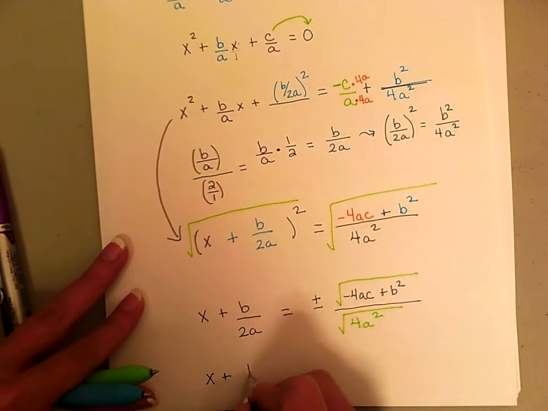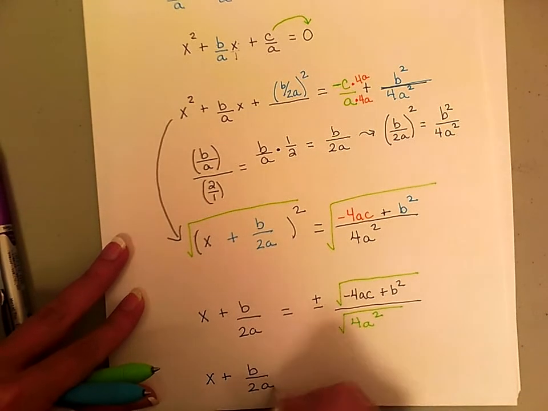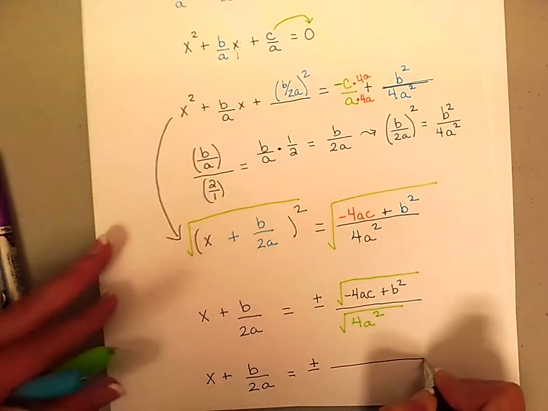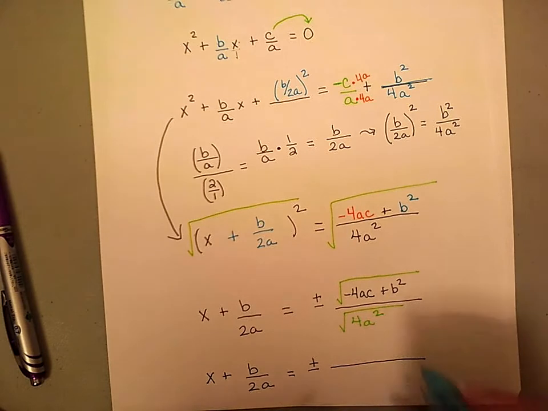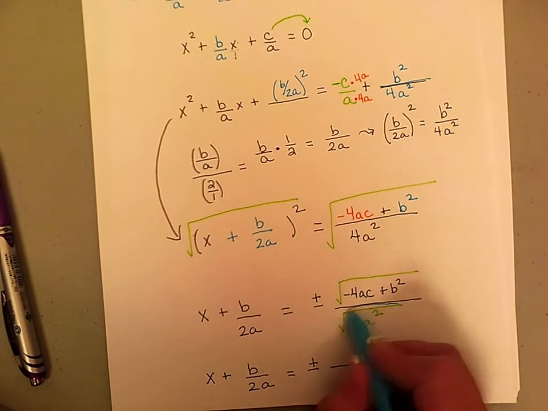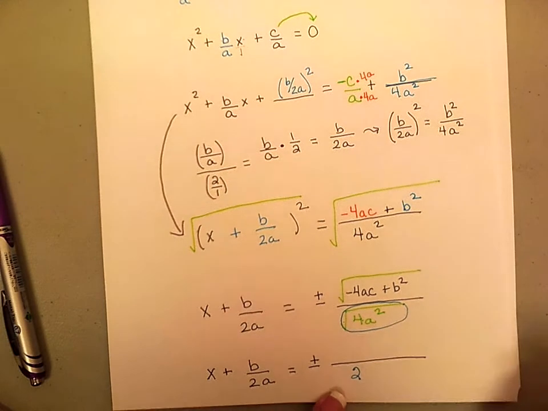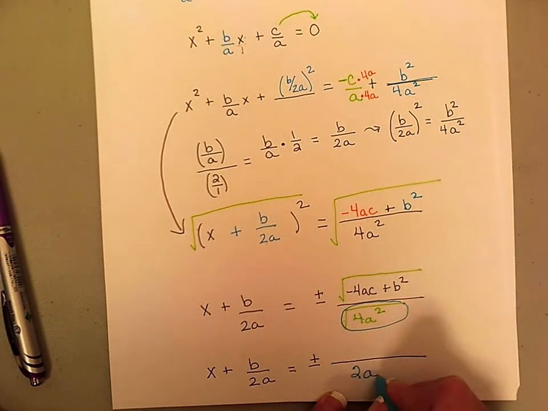And why that was helpful to us is then that the square root of 4a squared, well, the square root of 4 is 2, and the square root of a squared is just a.